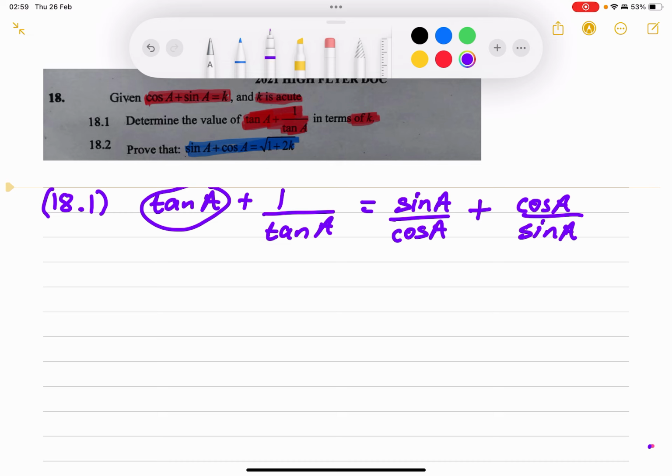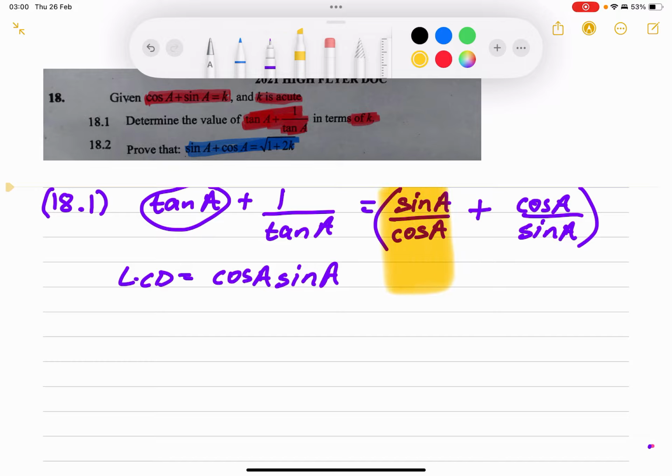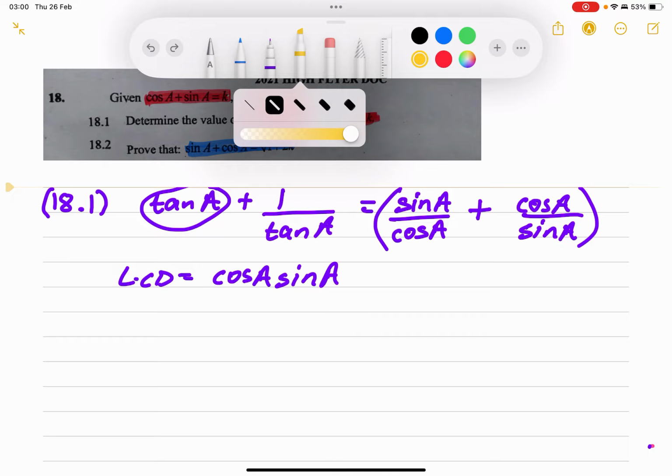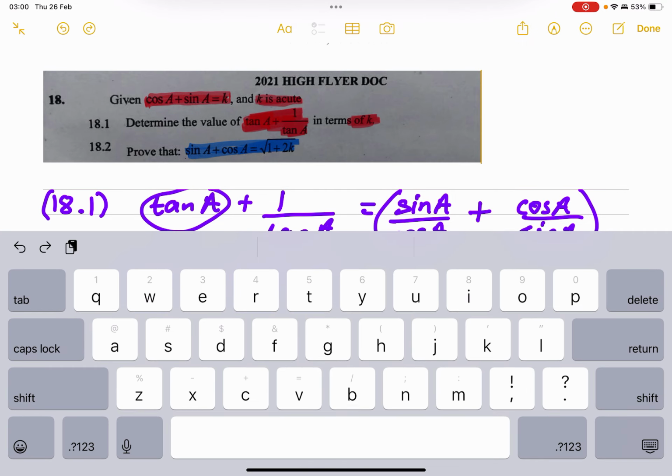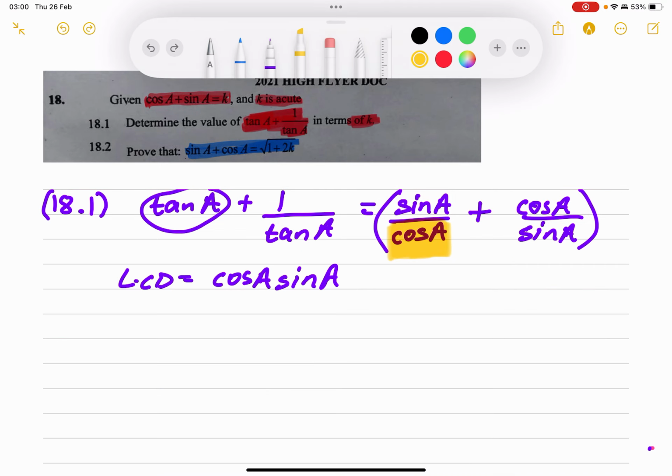Then let's go on. Now, ladies and gents, we have the LCD, the lowest common denominator. We can see from here that it is cos A sine A. The lowest common denominator is cos A and sine A. So we have to make the denominators the same.